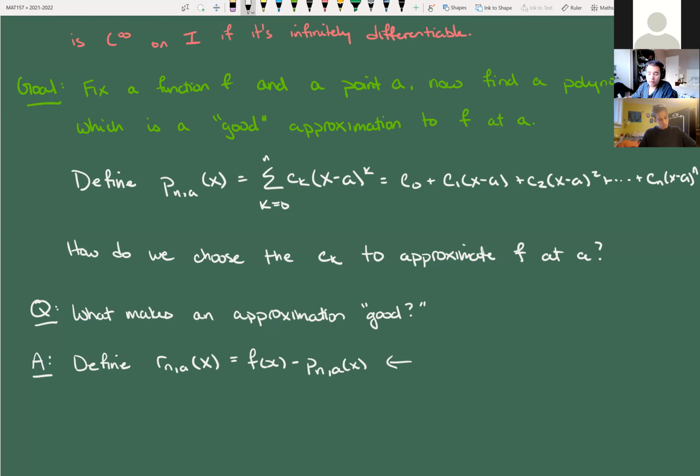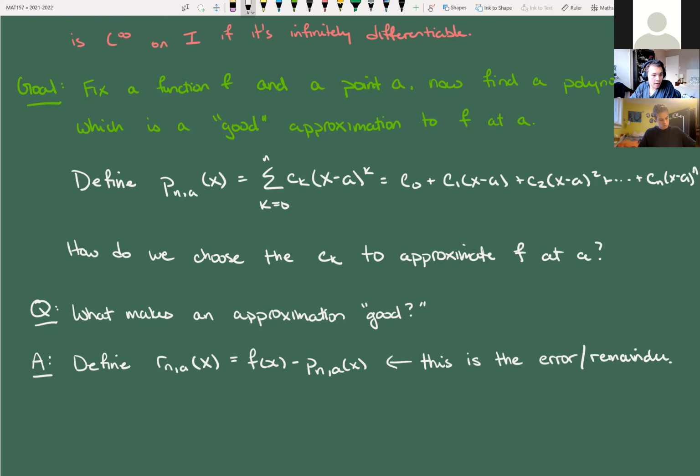The reason why we use R is we often call it the remainder. Right? Or remainder. That's why we call it the R. Now, some people will put absolute values around it, but we're not going to do it.